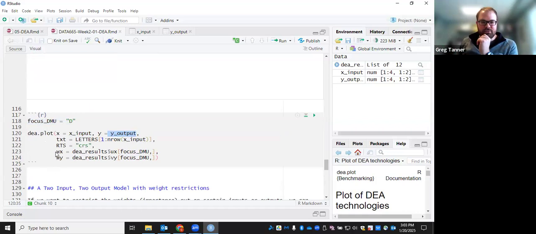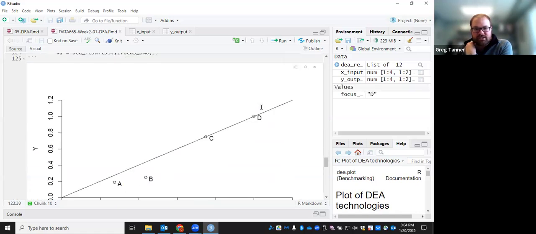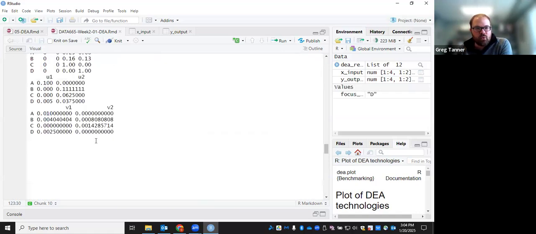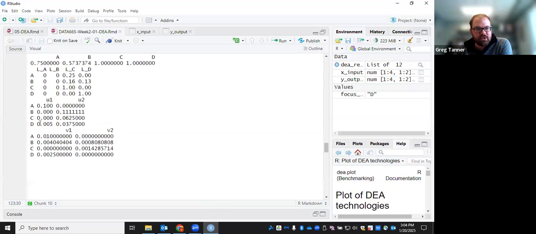And so we can also supply WX and WY, which are the relative weights on the inputs and relative weights on the outputs. We'll use the UX and VY values from whatever focus DMU we want to focus on. Let's start off focusing on DMU D. You'll see that using the weights from DMU D, which would be this bottom row here, it puts some importance on both of the inputs.